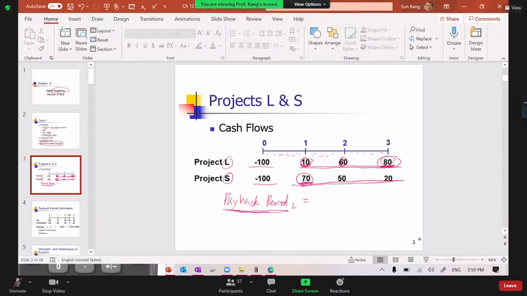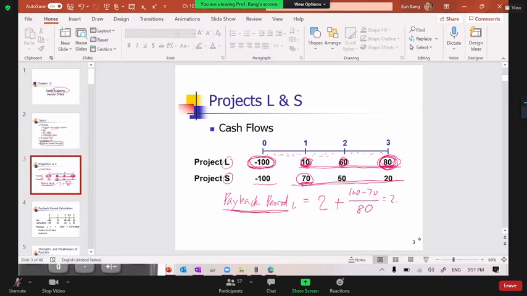So payback period means how long it will take for you to get your money back, right? Your investment is 100, and you want to recover $100. First year 10, second year 70. So it took 2 full years, and you recover 70. Then 100 minus 70 is 30, right? And you divide by the $80 that comes in over the whole year. So 30 over 80.